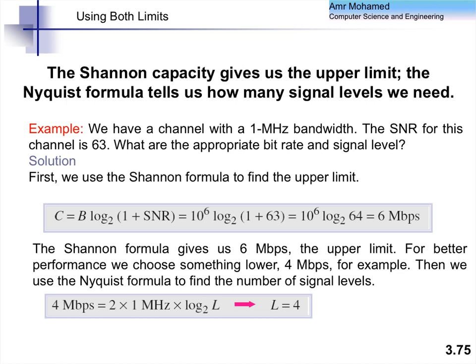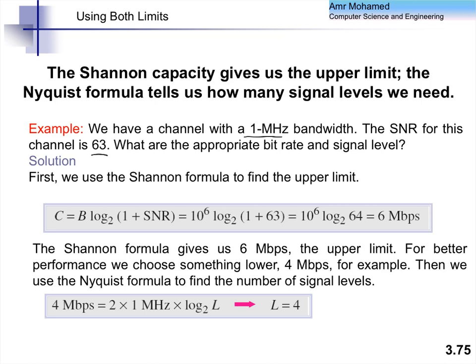Now, I can combine the two theories, Shannon and Nyquist. Shannon gives me the limits, the capacity or the maximum achievable bit rate given a signal to noise ratio, right? So if we have a channel with 1 megahertz bandwidth, the SNR for this channel is 63.